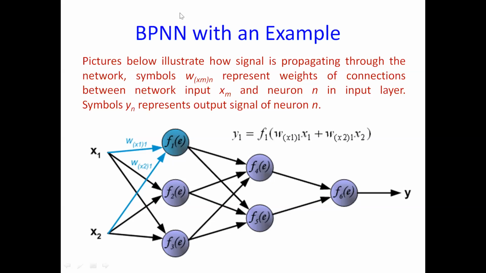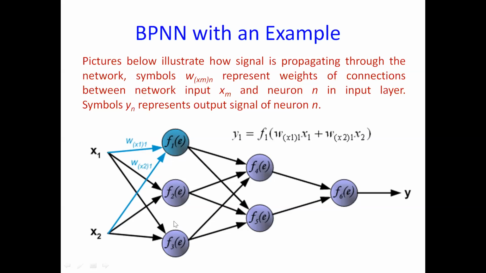As you can see, all these weights represent the weights of connections between the network input XM, that means X1, and the neuron in the input layer.